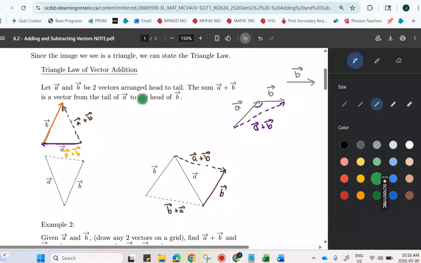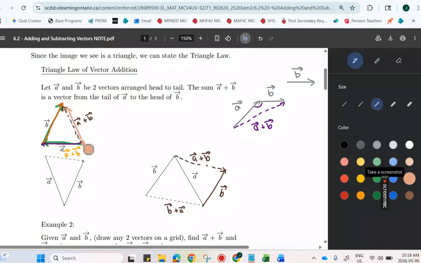Let A and B be two vectors arranged from head to tail. So here's vector A. Here's vector B. The sum of A plus B is a vector from the tail of A to the head of B. Think of it this way: we're starting here either way.